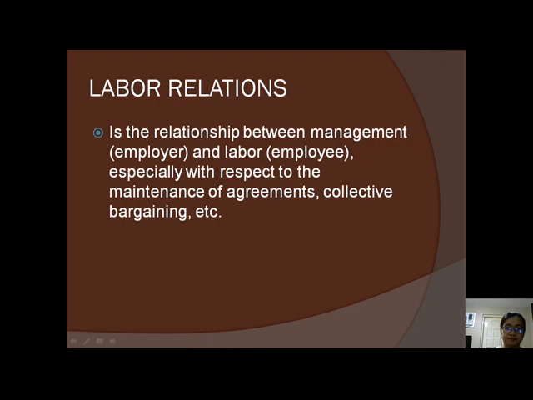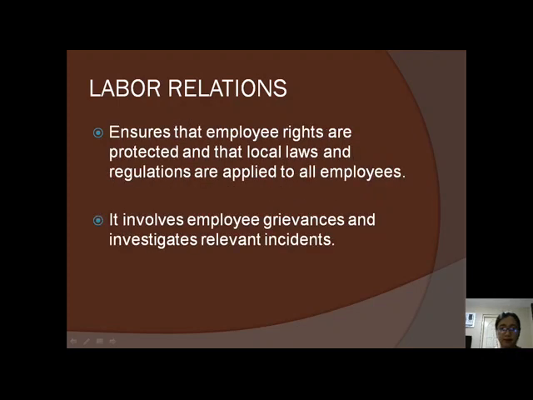Okay, so what is labor relations? It is the relationship between management, or the employer, and labor, which is the employee, especially with respect to the maintenance of agreements, collective bargaining, and etc. Labor relations ensures that employee rights are protected and that local laws and regulations are applied to all employees.